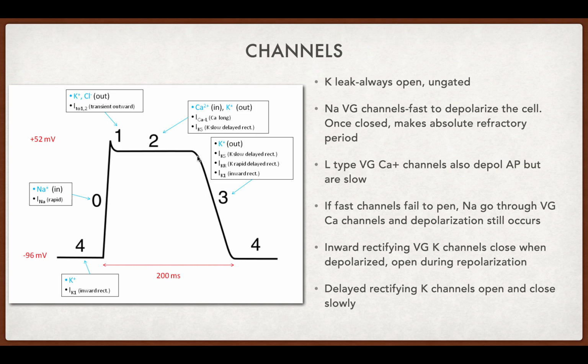And then the delayed rectifying potassium channels will open, and then they close slowly, but they open and more potassium comes out, and then the cell is slowly starting to repolarize.